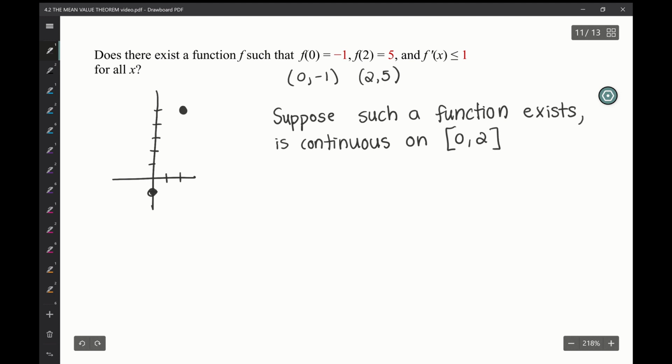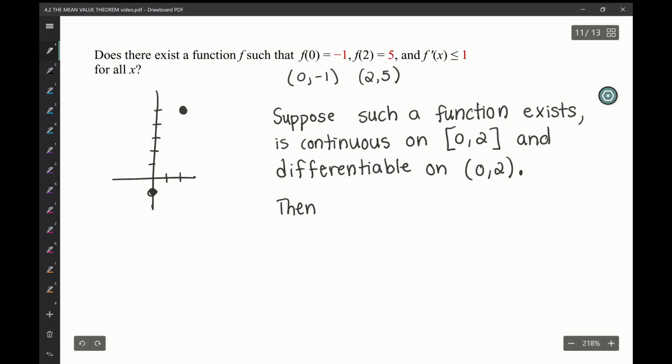Because if it's not continuous, then we're probably having some issues with that derivative there where it might not exist. And since we know that f prime of x is less than or equal to 1 if this function exists, that means that it also has to be differentiable on this interval.